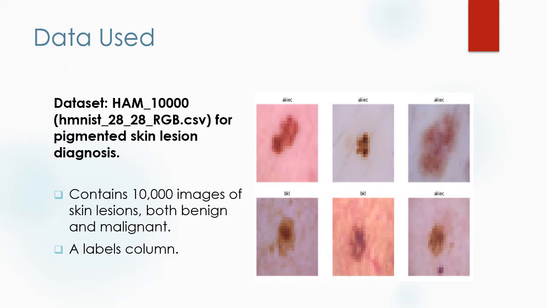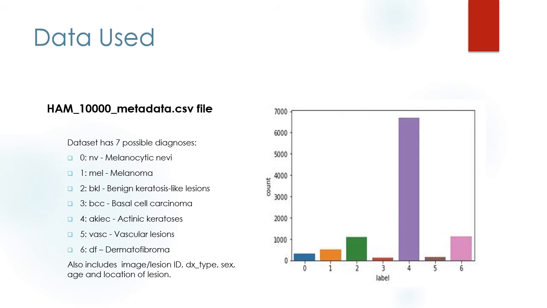More than 50% of the lesions in the dataset were confirmed through histopathology, and the rest through expert consensus or confirmed by in vivo confocal microscopy. The types of lesions are labeled 0 through 6. The metadata file contains some additional information, including age and sex of the patient, location of the lesion, diagnosis type, image ID, and lesion ID.